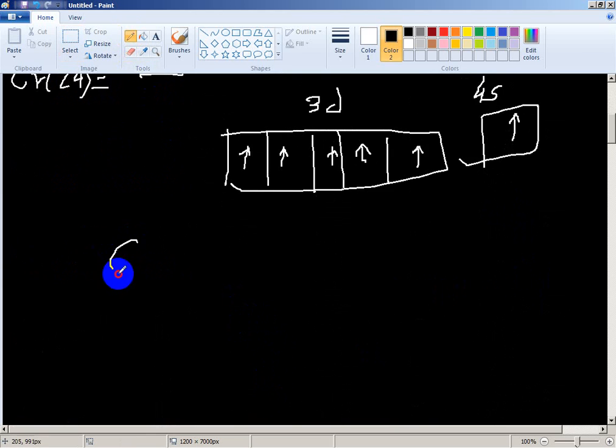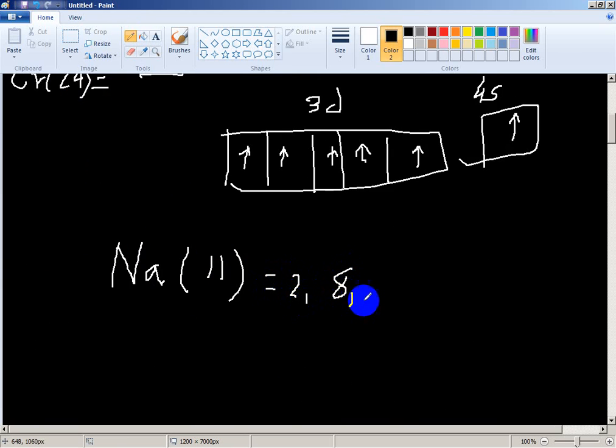Okay, now this sodium, how many electrons? We write it this way: first shell 2 electrons, second shell 8 electrons, and outermost shell 1 electron.